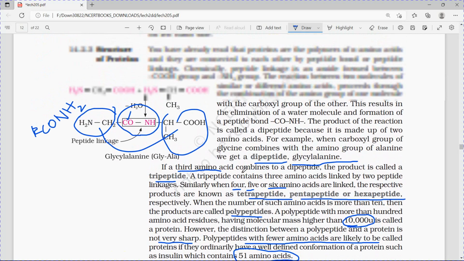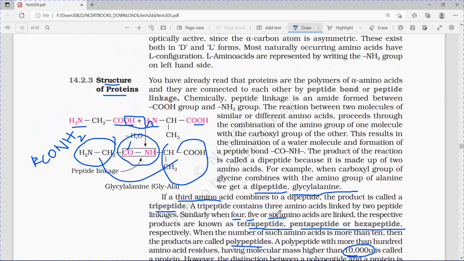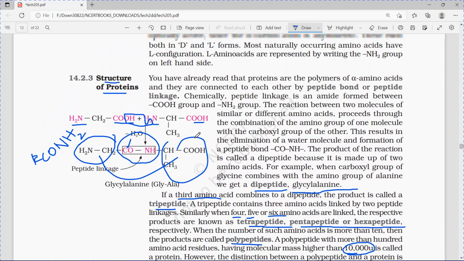Now we came from amino acid, and we ended in protein. Is that clear? I'll go over it one more time. Amino acids are joined together by a linkage called peptide linkage.